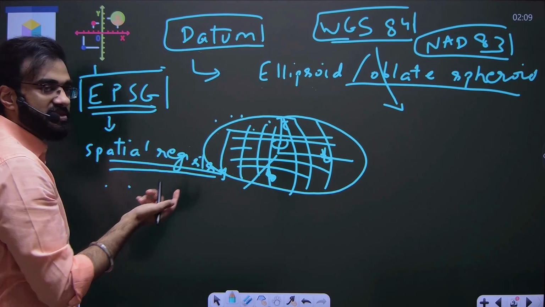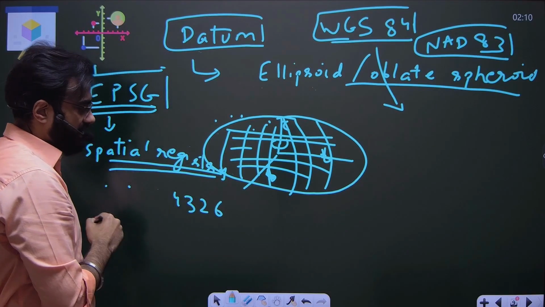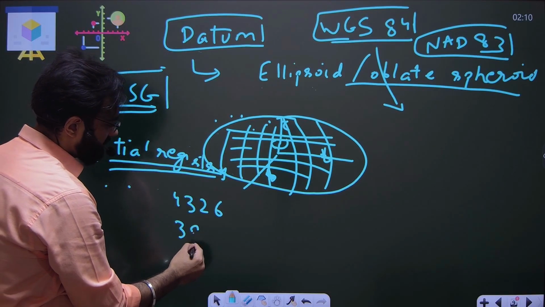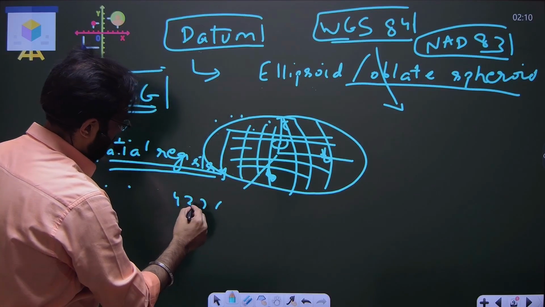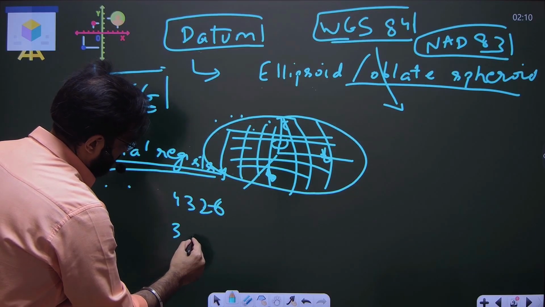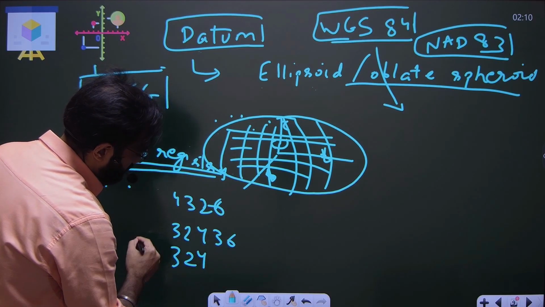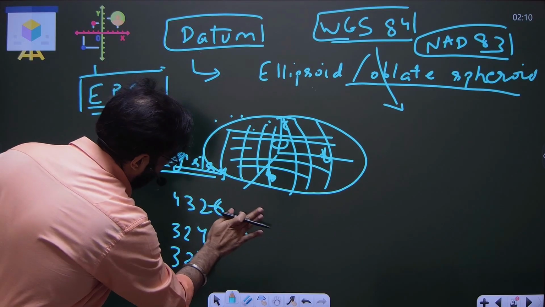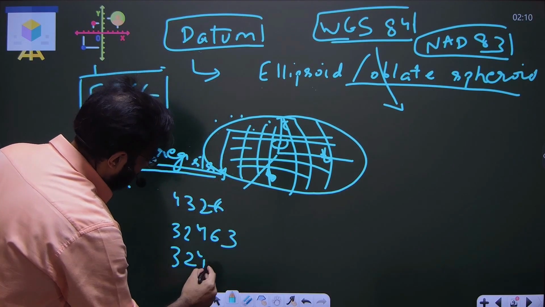So examples of EPSG codes are 4326, 32643, 32644, then 3857. Sometimes I also get confused.